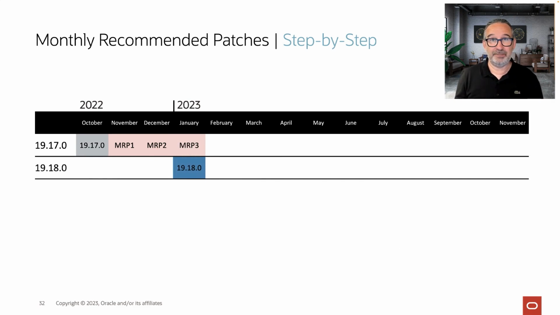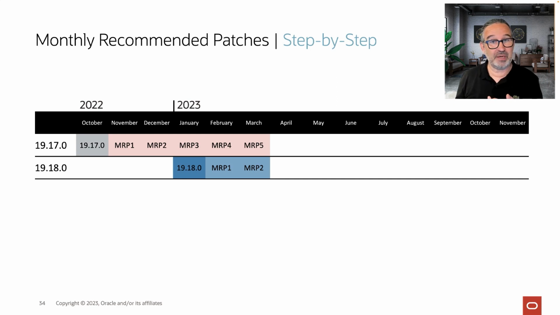Now in January, we released the MRP 3 for 19.17, but at the same time now 19.18 got released. A month later in February, we released the MRP 1 for 19.18 and the fourth MRP for 19.17. And another month later, in March, the fifth MRP for 19.17 and the second MRP for 19.18.